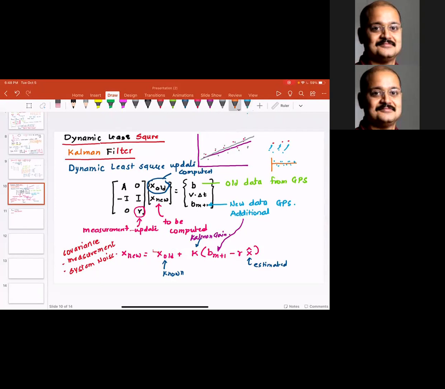This estimated solution is computed based on the noise and covariances. And yes, you can use covariance to measure the noise.